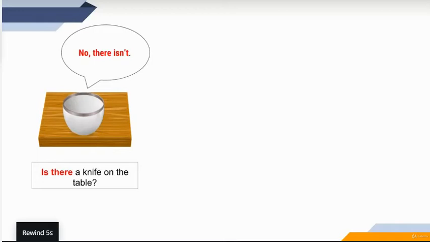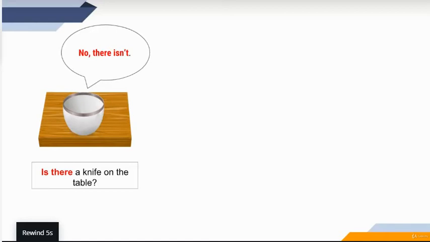Yes, there is. Is there a knife on the table? No, there isn't. The rule: there is is positive. You change the places of is and there and you form the question. Is there? Yes, there is. Positive answer. No, there isn't.